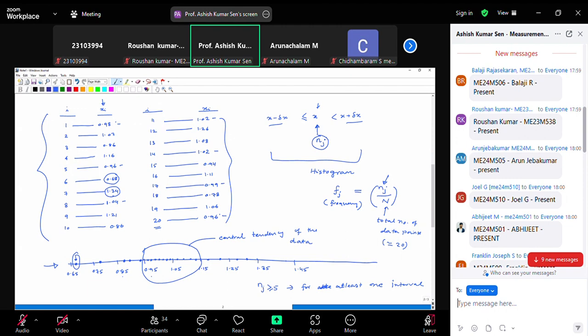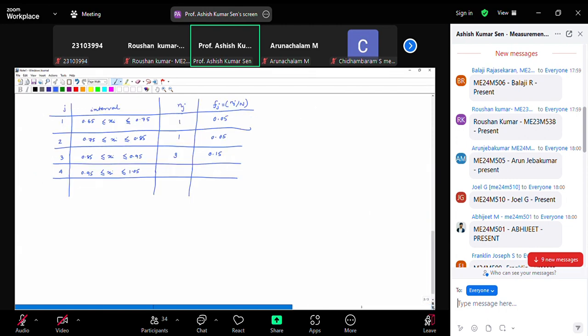So you have 7 between 0.95 and 1.05. So that is 7 by 20, that is 0.35.